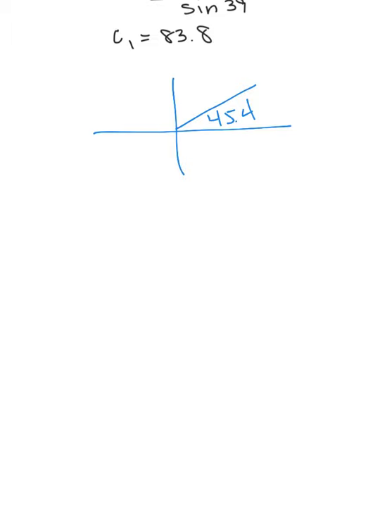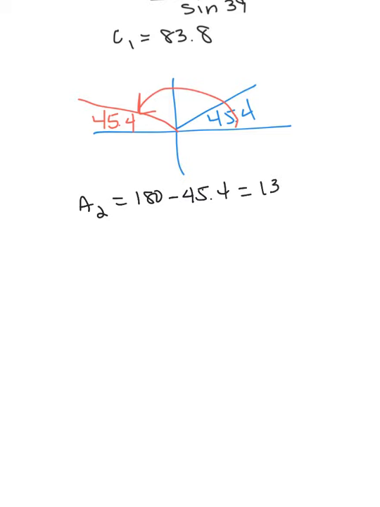So if we put an angle in quadrant 2 that's a reference angle of 45.4, what's this angle? That's our second possibility for A. So our A2 is 180 minus 45.4, which gives us 134.6.